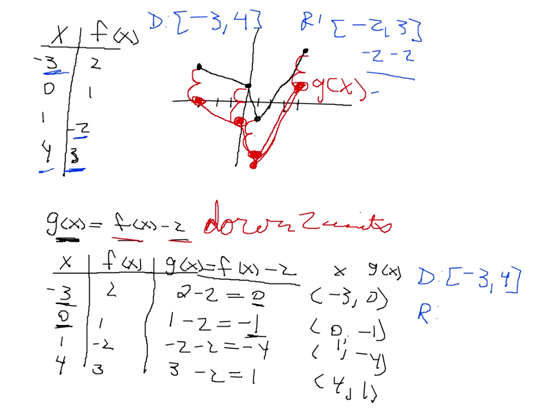So that makes my range -4 to 1 for my function g, which is defined as f minus 2. And so there's my domain and range. All right.